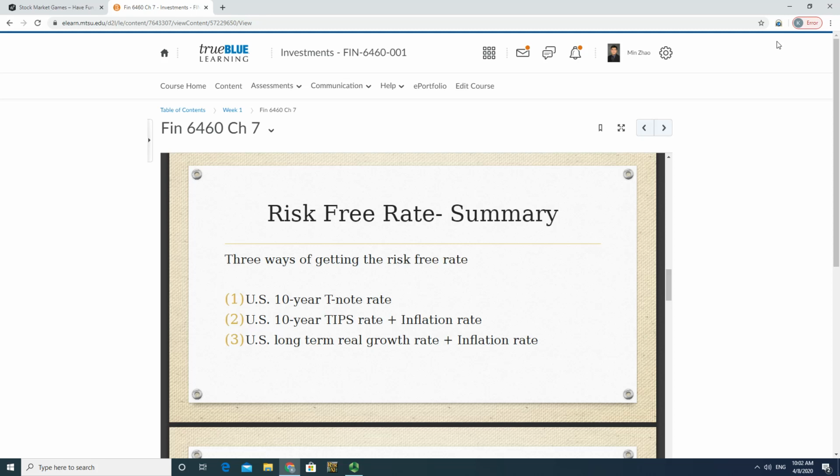It involves 10 years, 20 years, or even 100 years. That's what long-term growth rate means. And you can look at the past growth rate of the U.S. economy during the last 100 years to see what the real growth rate is. And in the future, you would say, hey, future growth rate would be similar to what happened during the last 100 years, right?